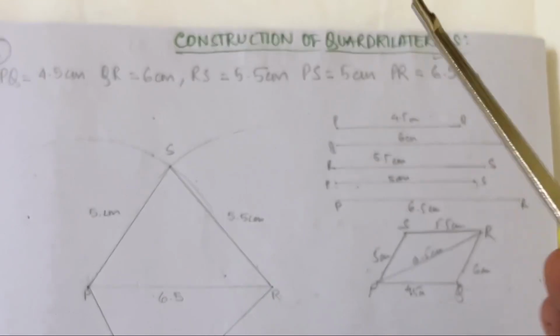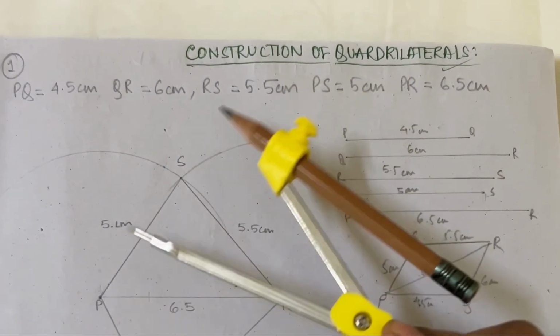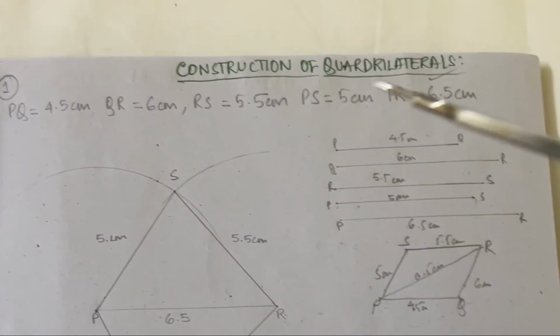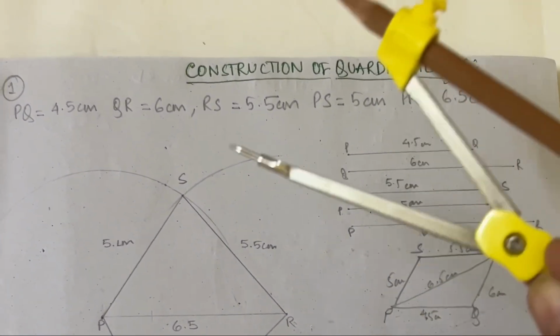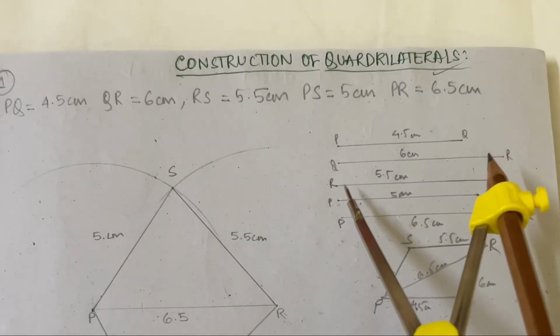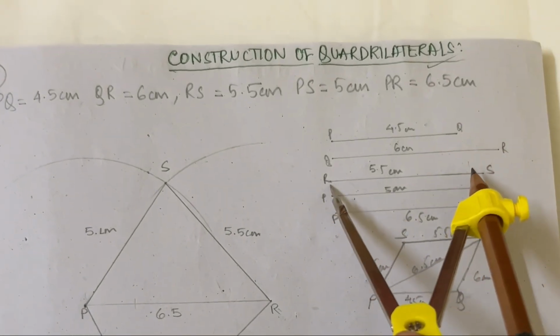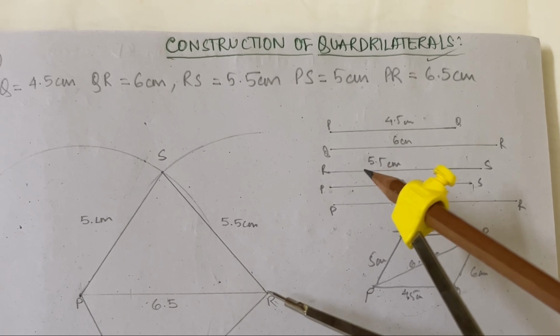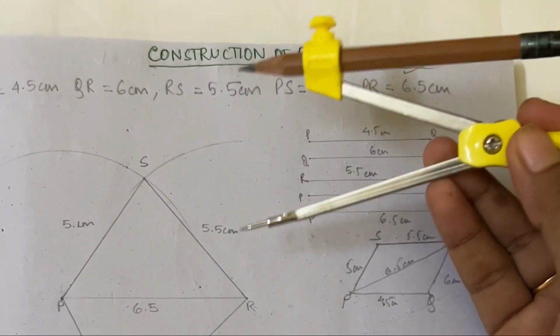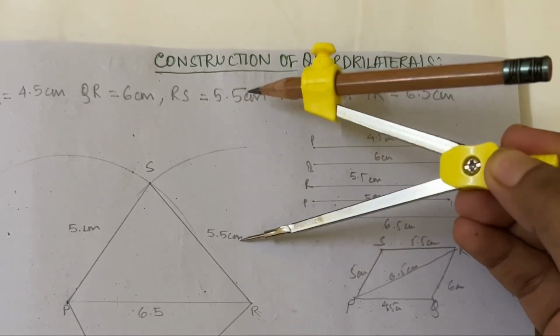While drawing this, we get the point S as PS 5 centimeter. Similarly, we have to draw RS, measuring RS as 5.5. We put the needle in R and draw an arc here. We get RS as 5.5.